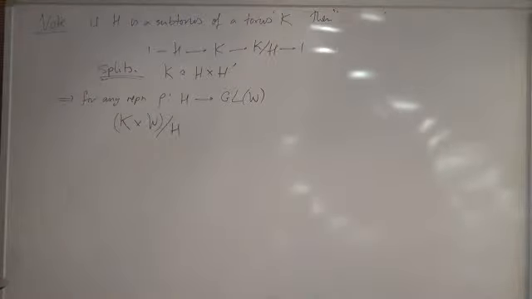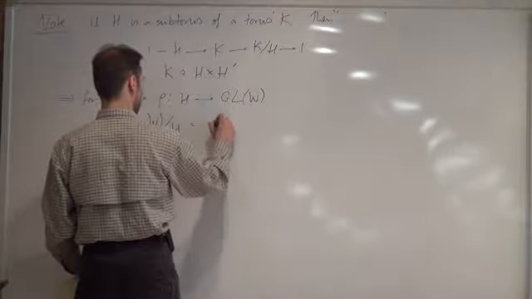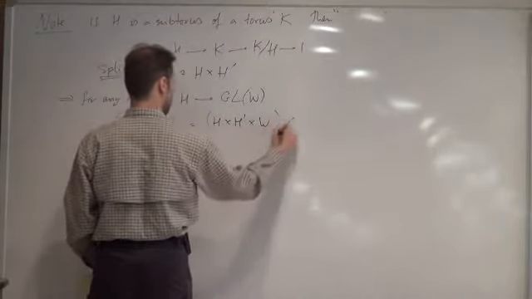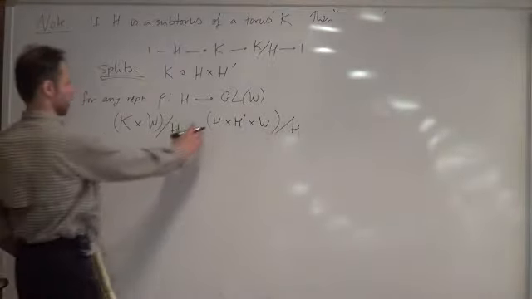So what does this quotient look like? K splits. So this is H cross H prime cross W, and we're dividing out by H. And so you could just cancel these two guys.